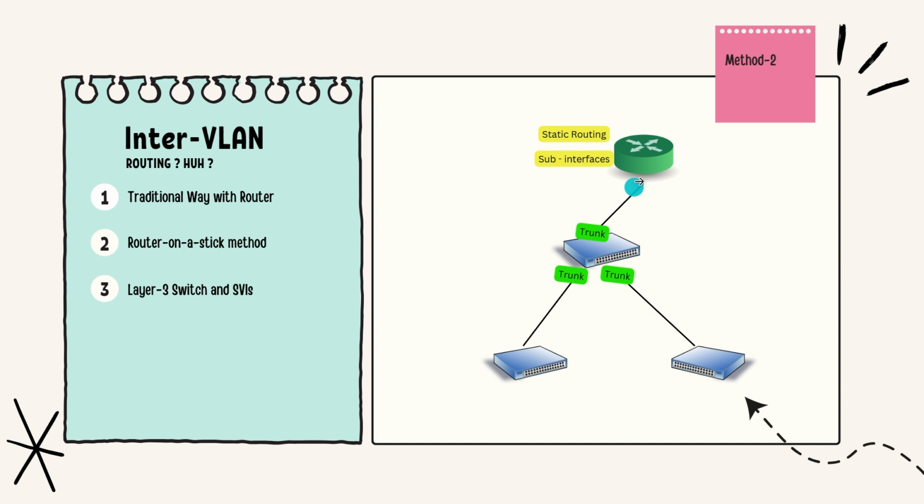Then, with the concept of sub-interfaces, there is only one link with the router, and there are sub-interfaces on this port that we have configured, and all the packets tagged with any VLAN can go through this and be routed through this layer 3 device.